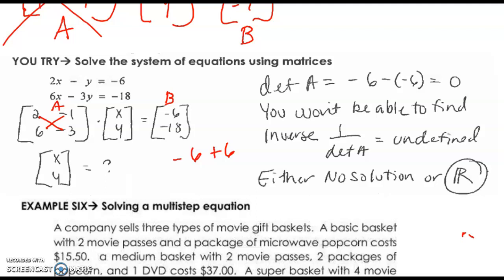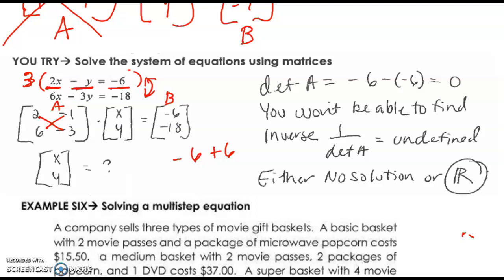And you can take a look at the equations and you can see if I go ahead and multiply this equation through by 3, I'm going to get 6x minus 3y equals -18. Those are the same exact equations. And we know back from Algebra 1 that if you have two equations that are exactly the same and you're asked to solve the system, you're going to get an infinite number of solutions because every point on one line is on the other line. So you kind of have to interpret what the answer was saying.